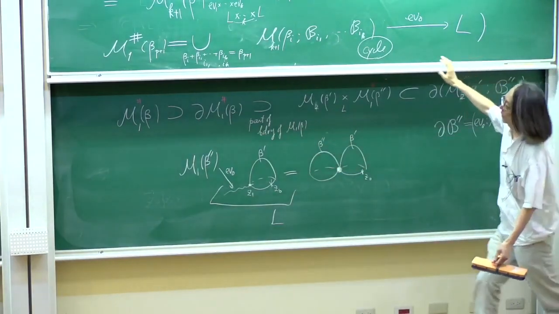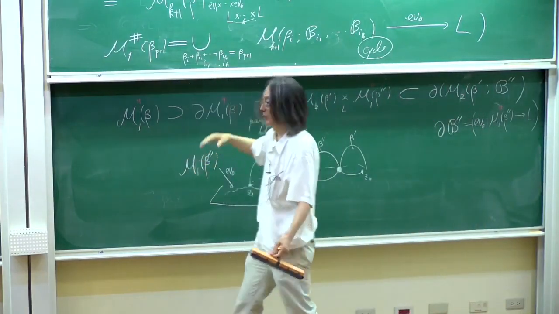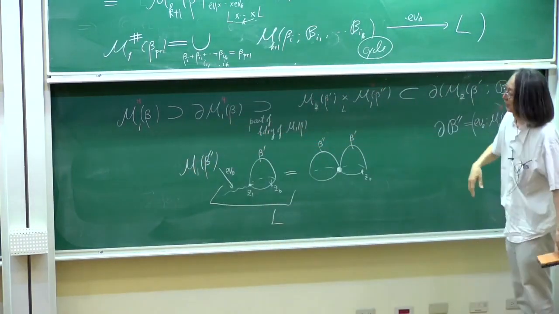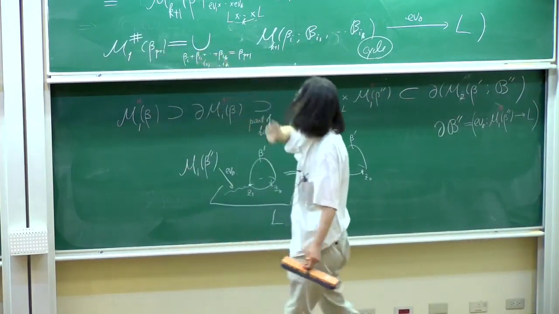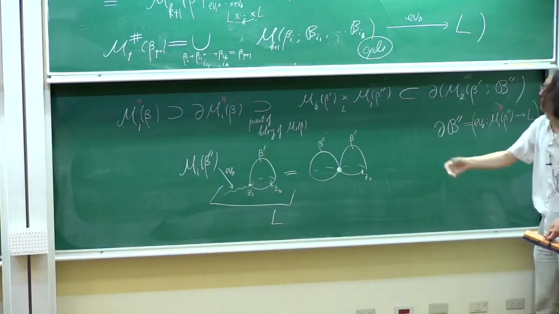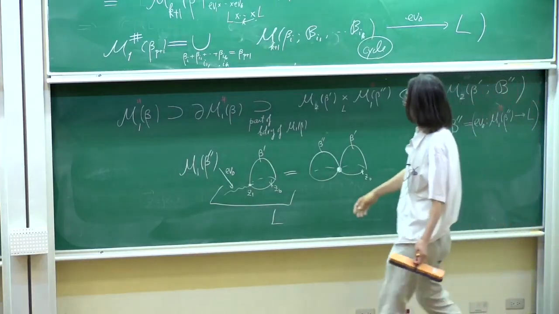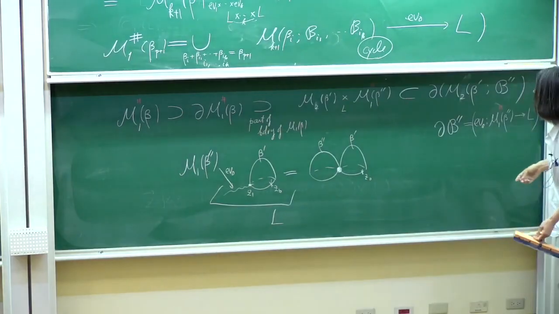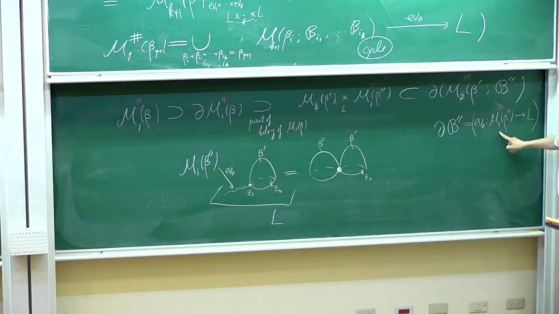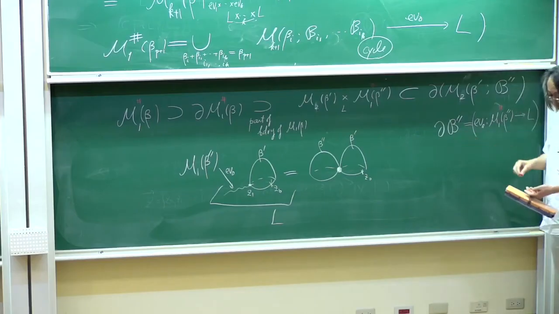But I want to show that this one is a cycle somehow inductively. And at the beginning it is really a cycle, because without sharp it is already a cycle. So therefore we start from the cycle. And then just consider this. And then if you look at this, it's a cycle. And then the cycle is a boundary of something here.